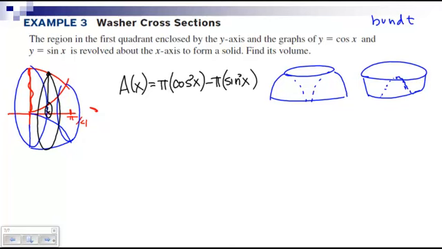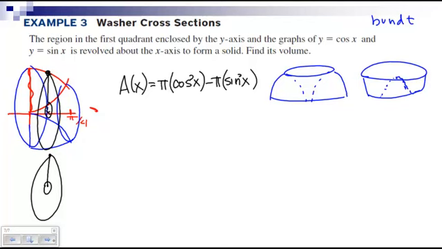So my cross-sectional area looks like that washer. That washer you're kind of looking at obliquely. This distance from the center of the washer out to there is a point that's on the cosine curve.